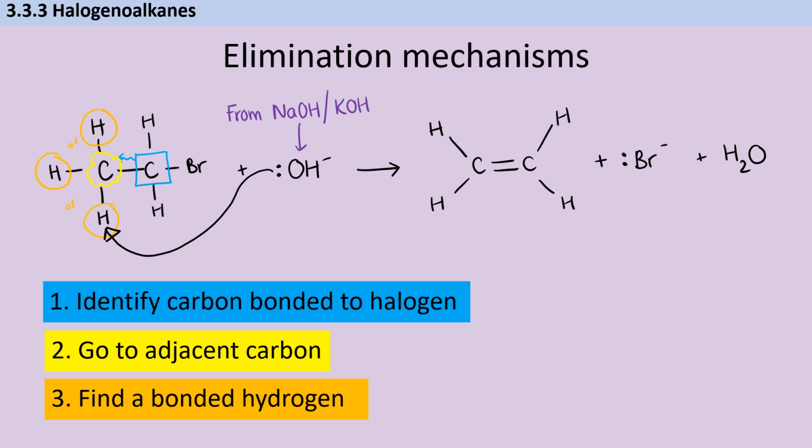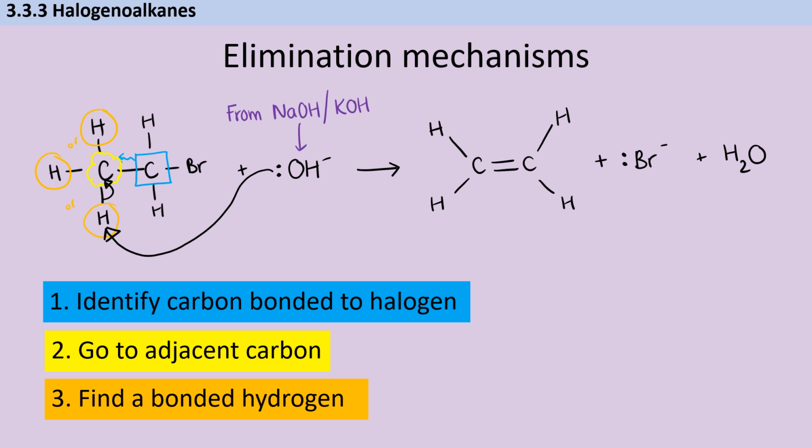So that hydrogen is going to move away with this hydroxide ion, forming a water molecule, which is one of our products. And so that hydrogen doesn't need the electrons that are in its bond with its carbon anymore. So both of those electrons are going to be given back to the carbon.